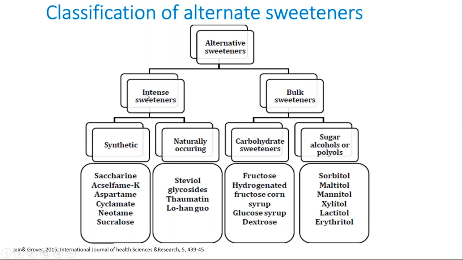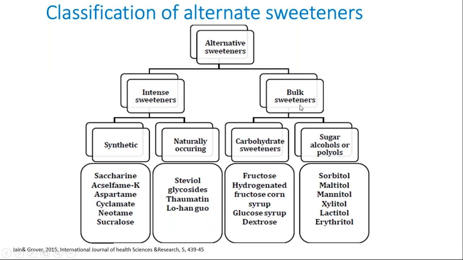The difference between the intense sweeteners and the bulk sweeteners is that the intense sweeteners are much sweeter than sugar or sucrose, and they do not give you any calories. They do not contribute to the nutritive value.